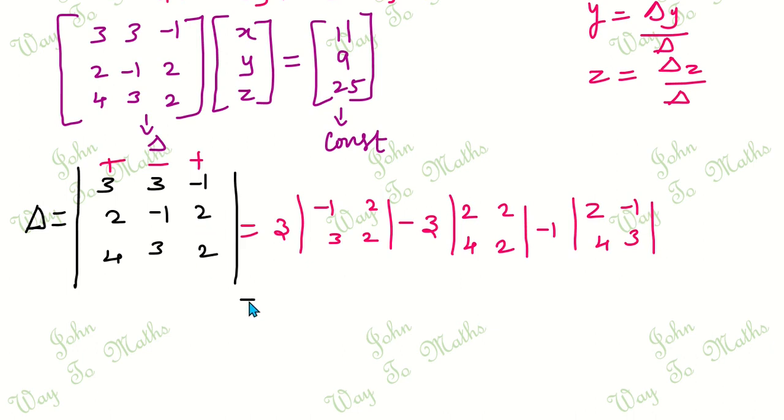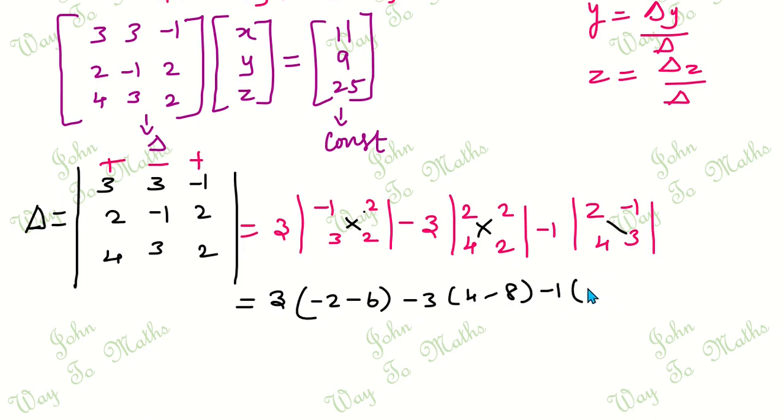Here, which is equal to 3 times the determinant of the 2 by 2 minor matrix. So first diagonal minus second diagonal formation கொடுக்க போறோம். So minus 1 into 2 becomes minus 2, minus 3 2s are 6. Then minus 3 of first diagonal becomes 4, minus second diagonal becomes 4 2s are 8. Then minus 1 of first diagonal becomes 2 3s are 6, minus 1 into 4 becomes minus 4, here comes plus 4.